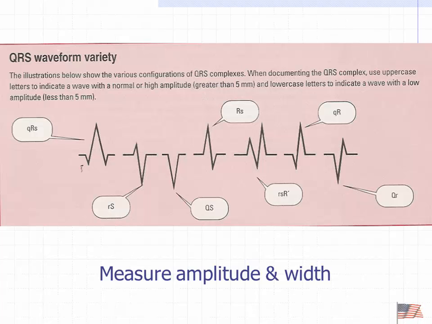So that little bit is Q, that little bit is R. The S wave is the first negative deflection after the R. Q and S are both negative deflections.